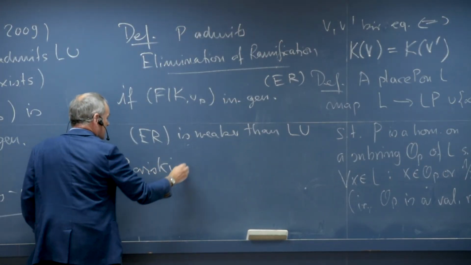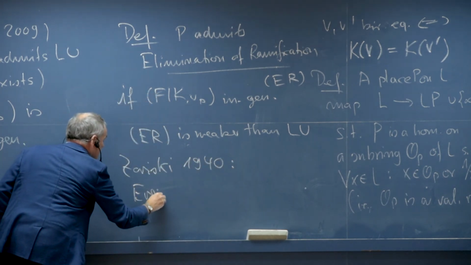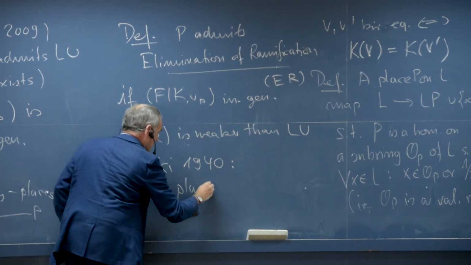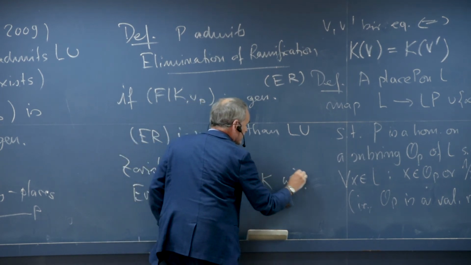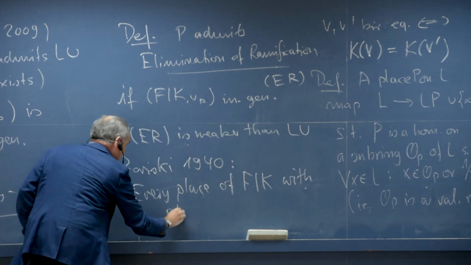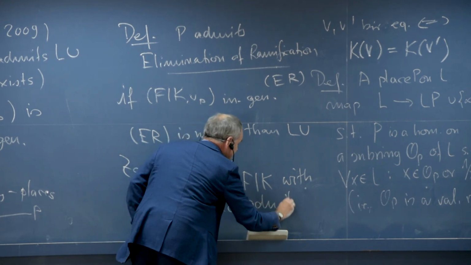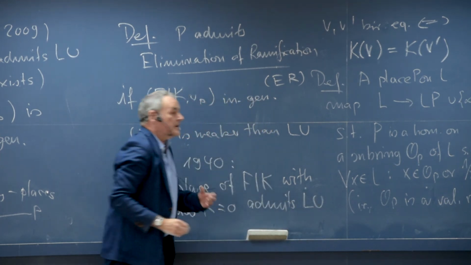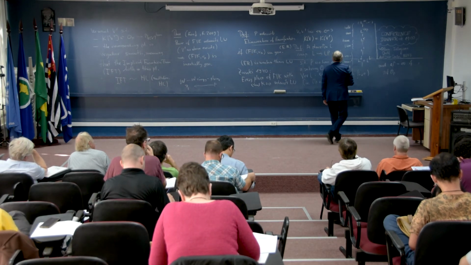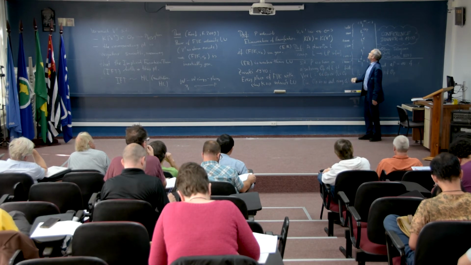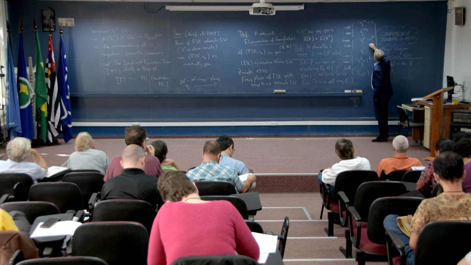Okay, and that's the last result for today. Zariski in 1940: every place of f over k, with the characteristic of k being 0, admits local uniformization. Now, remember, in this case the place is trivial on k, k is the residue field. So we have residue characteristic 0, and remember that in residue characteristic 0 this is the algebraic closure.